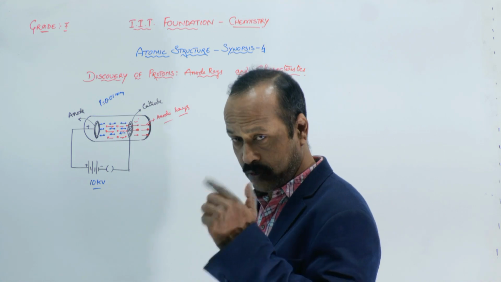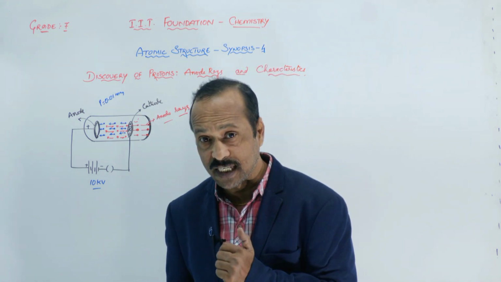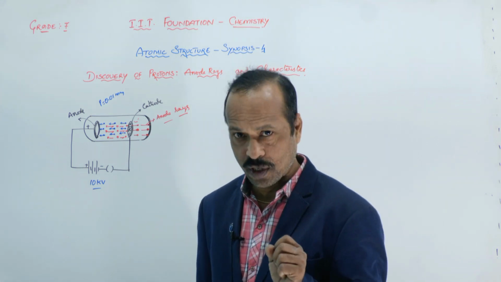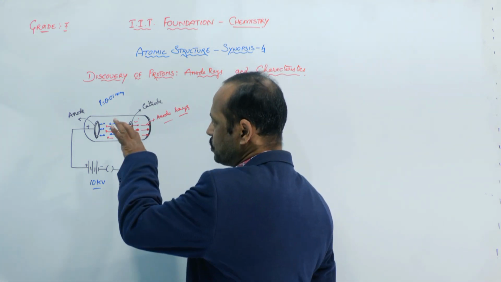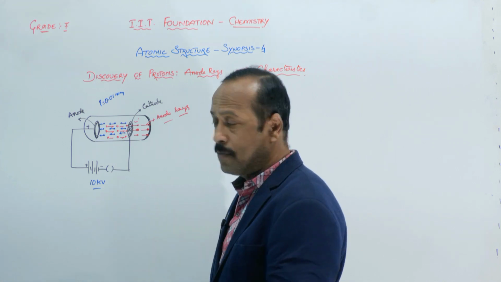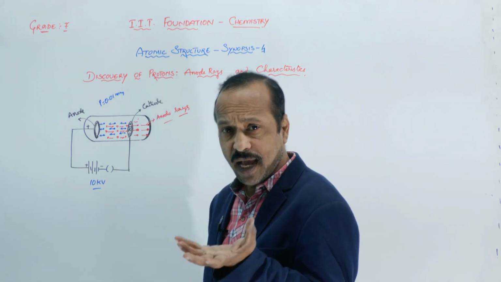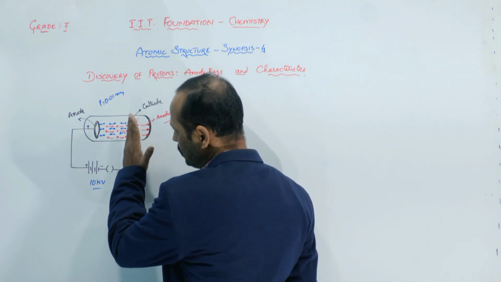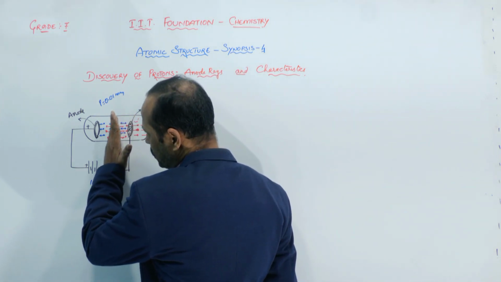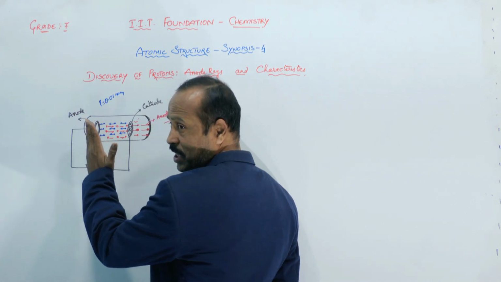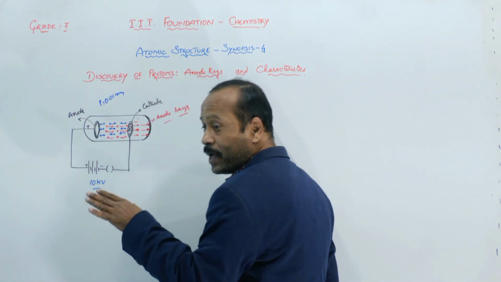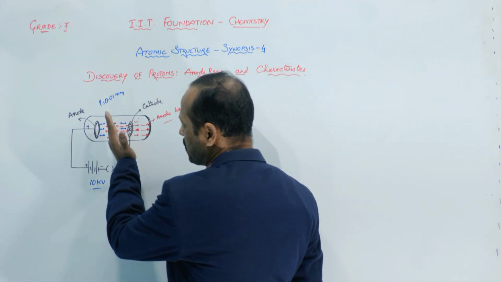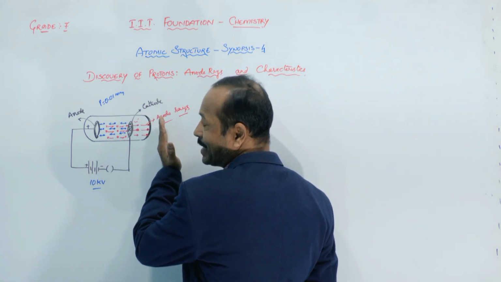This was observed by Goldstein. Remember the name: Goldstein discovered the protons. Cathode rays, that is electrons, move towards the anode. Similarly, the positively charged particles produced inside move towards the cathode.